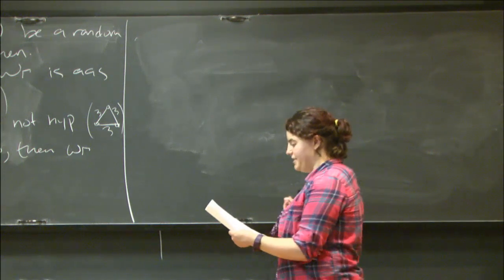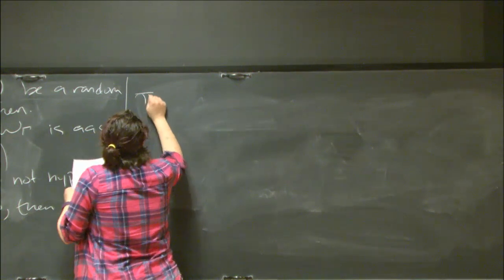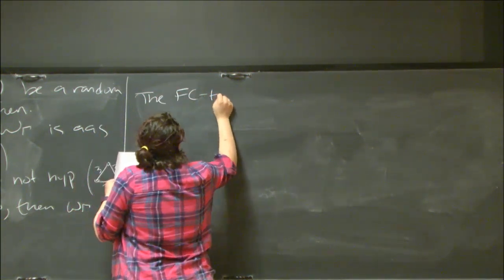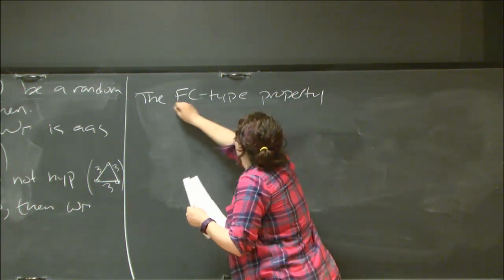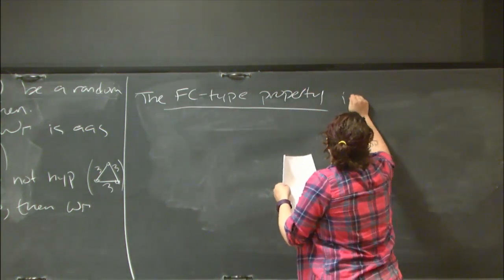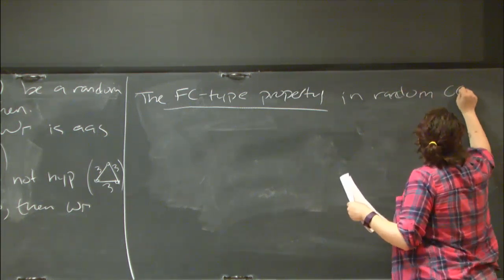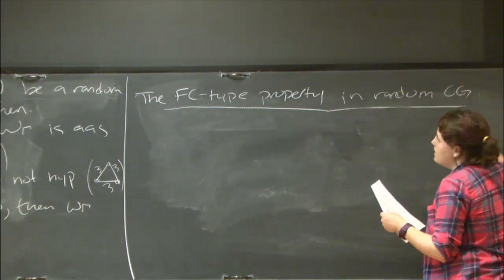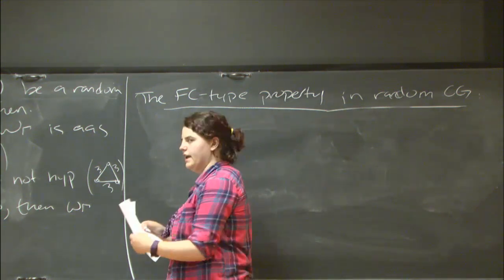So the thing I've spent more time working on is this property called FC type in random Coxeter groups. All right. And I am keeping an eye on the time.